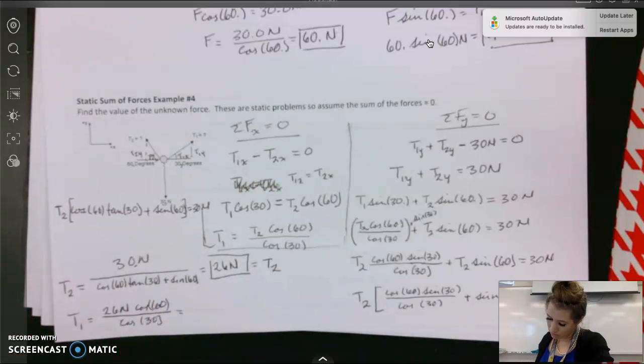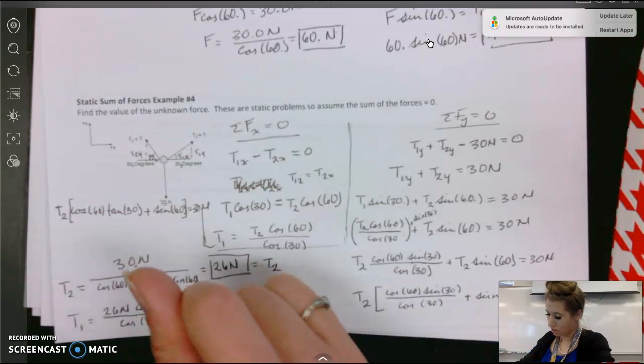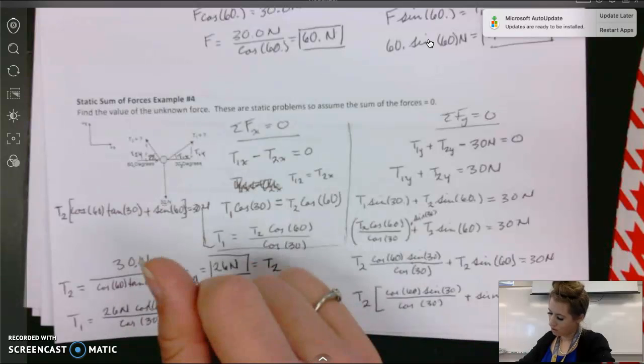Okay. So I'm going to take that 26 times by cosine 60 divided by cosine 30, and that gives me 15 newtons.